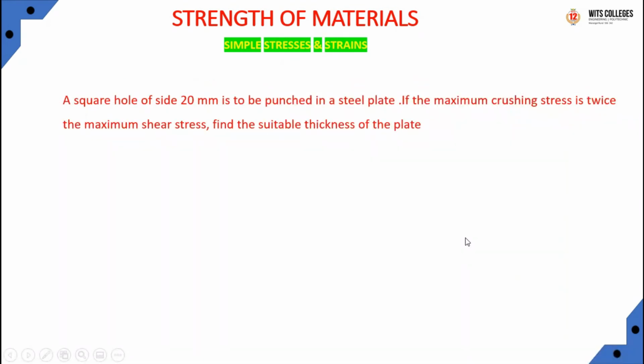One more problem: a square hole of side 20 mm is to be punched in a steel plate. If the maximum crushing stress is twice the maximum shear stress, find the suitable thickness of the plate.